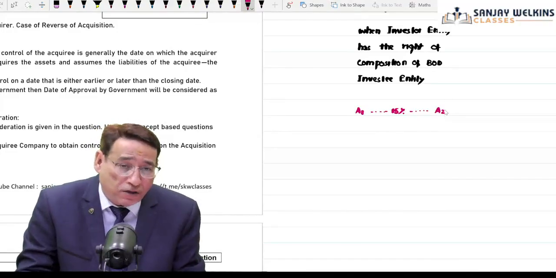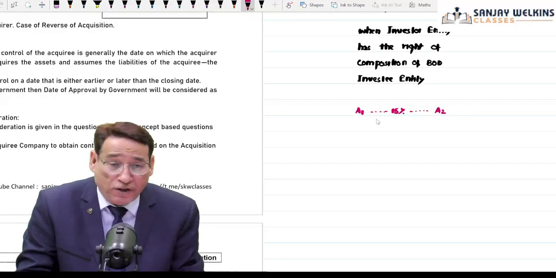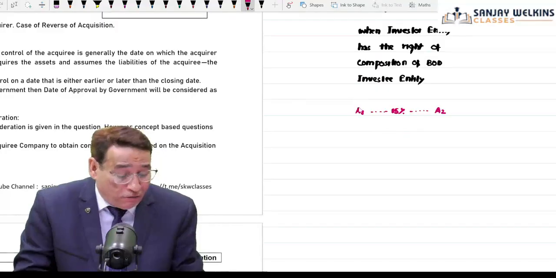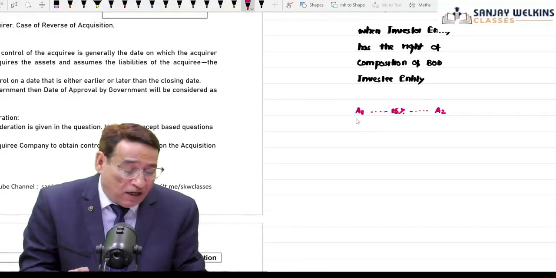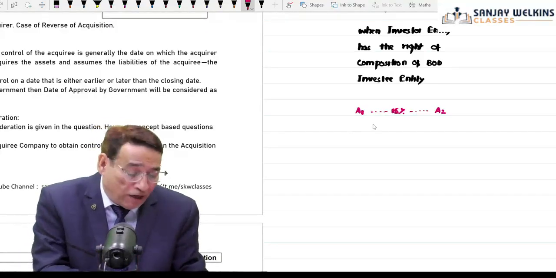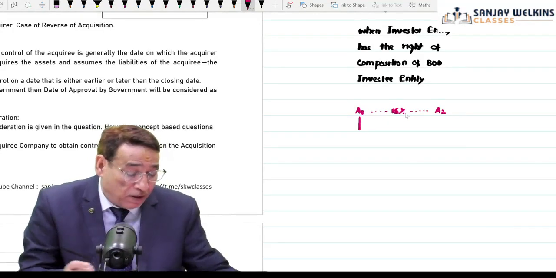Because you are not having the control over the other enterprise, neither you are having any significant influence over the other enterprise. However, let us say there is an agreement. When this entity made the investment in A2 Limited, simultaneously A1 Limited and A2 Limited entered into an agreement, we presume, wherein A1 was given the right, correct?